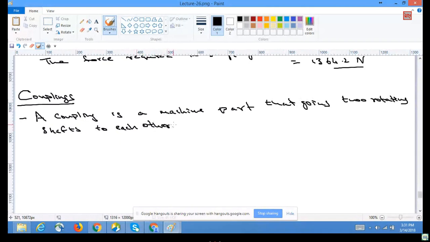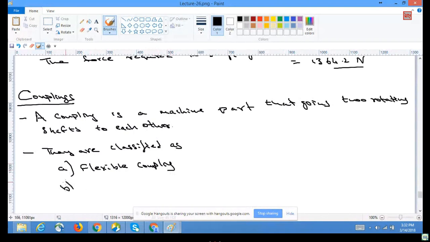They are classified as A, flexible coupling, and B, rigid coupling.